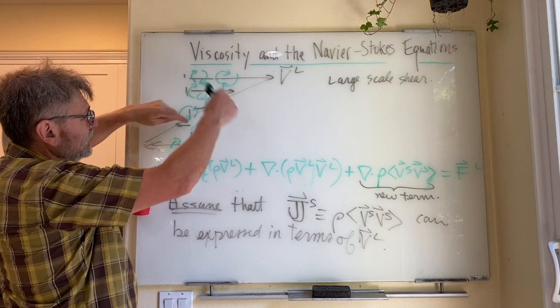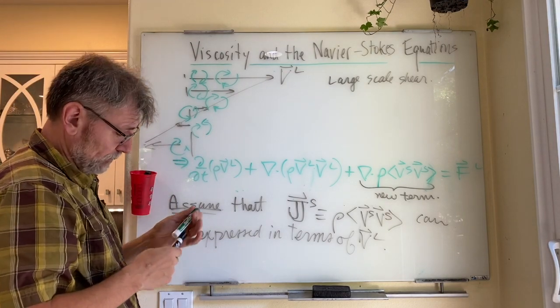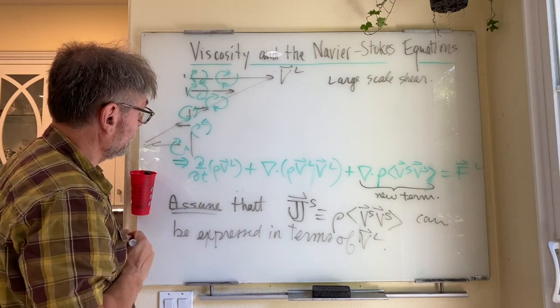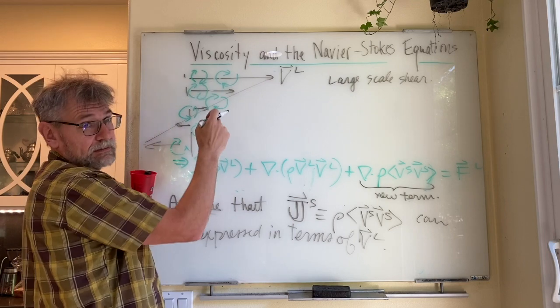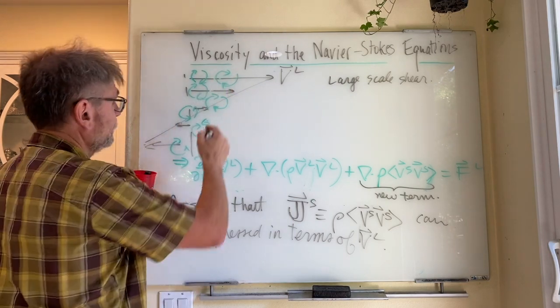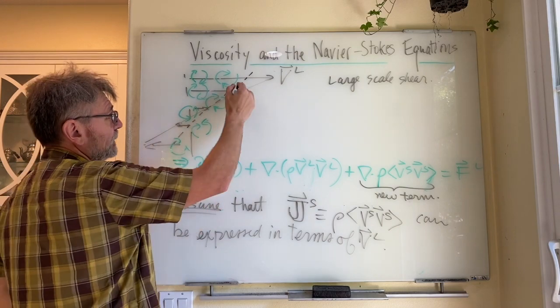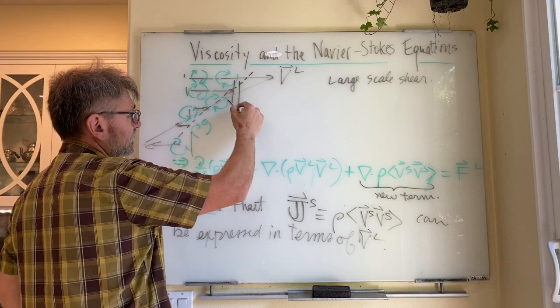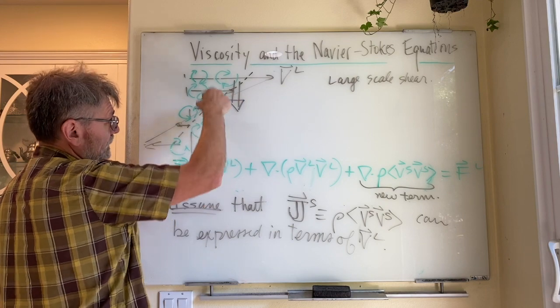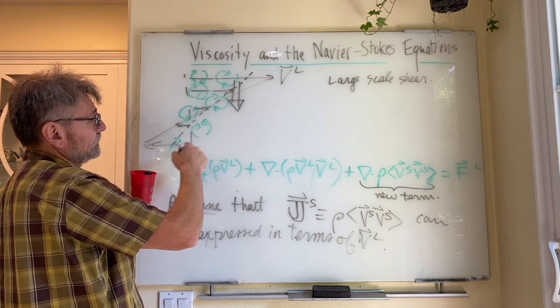So every time you churn things out, the large scale momentum is going to get mixed, and over time this profile will start changing. Or there will be a transport of momentum, a current, going from the high momentum to the low momentum, right?